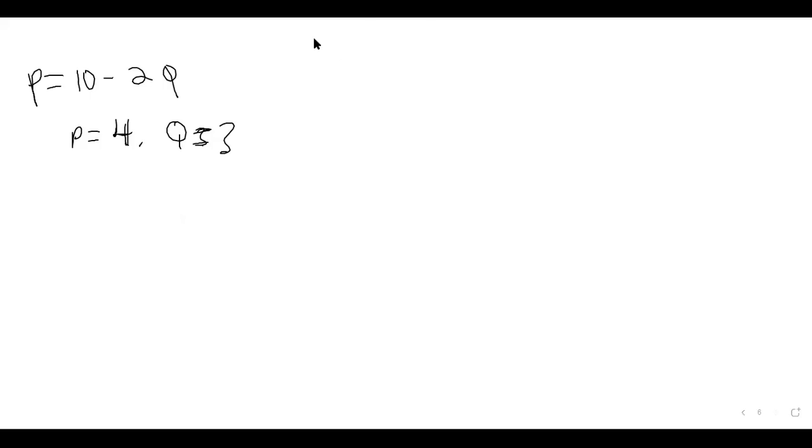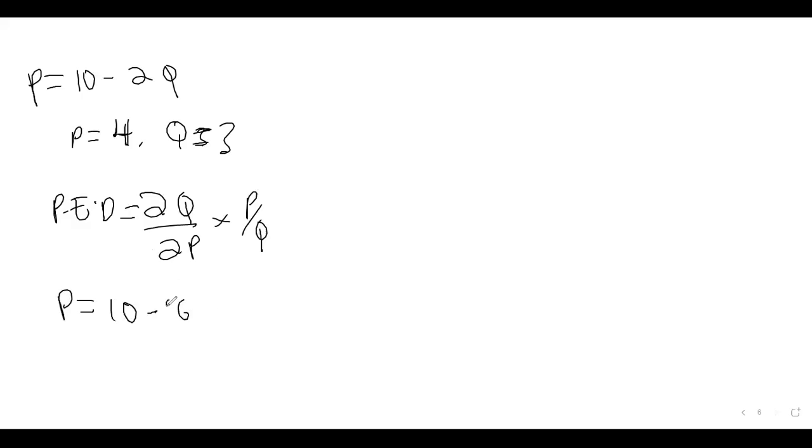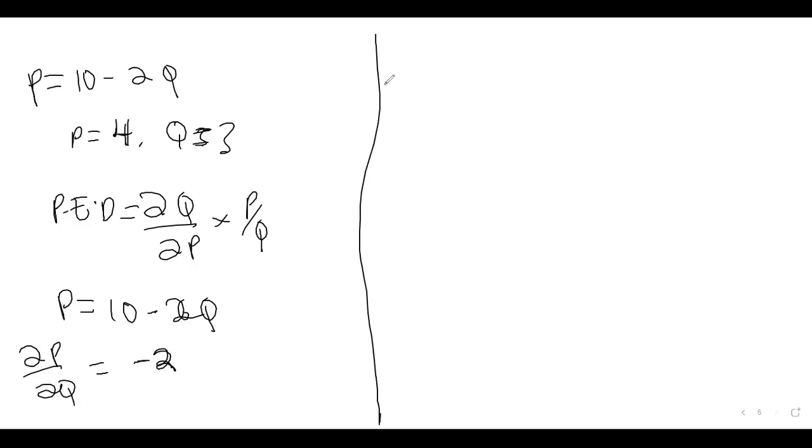Now, price elasticity of demand is equal to dQ over dP times P over Q. But then we don't have a quantity function, we have a price function. So price is equal to 10 minus 2Q. So dP over dQ, we will get minus 2. So if you want to know dQ over dP, it is the inverse of dP over dQ.